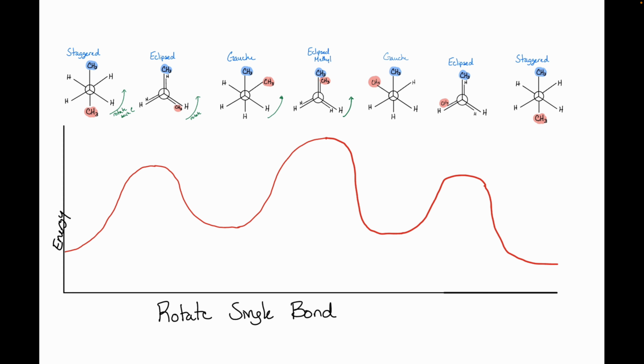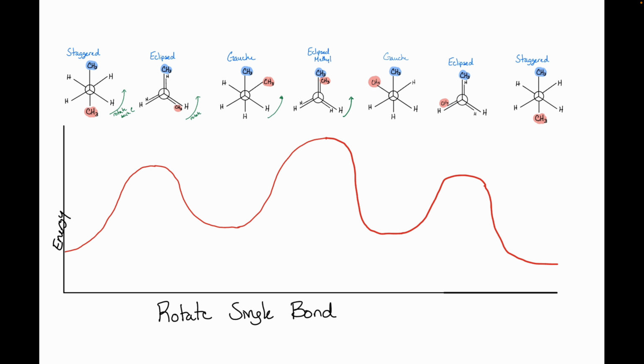All right, so this molecule is constantly rotating about these single bonds, but not all of those rotational states are created equally. We have our staggered conformations that are lower energy than our eclipsed conformations, meaning it'll spend more time in those staggered states than in those eclipsed states.